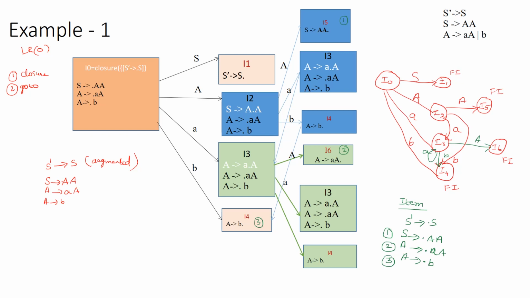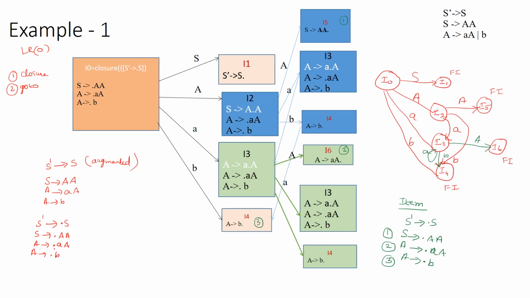So the initial item is S dash gives dot S, then S gives dot AA, and A gives dot small a capital A, and A derives dot b.